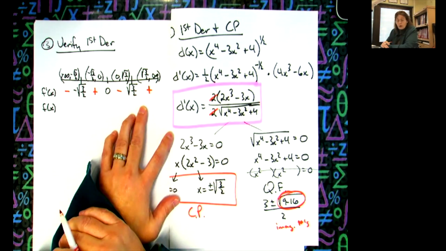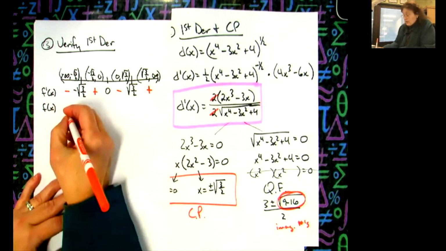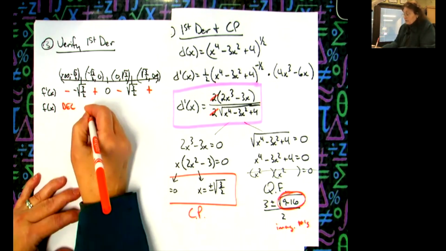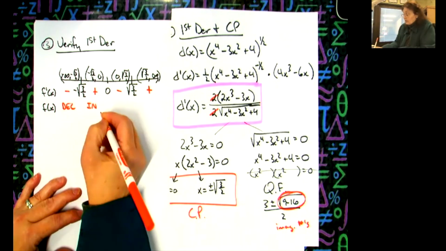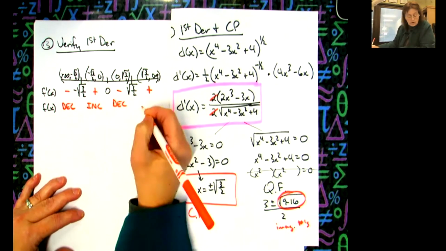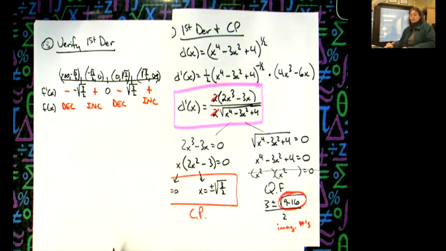Are y'all awake and checking me to make sure I didn't screw up? I don't think I did. So that means my original function would be decreasing on this interval, increasing on this interval, decreasing on this interval, and increasing on this interval.